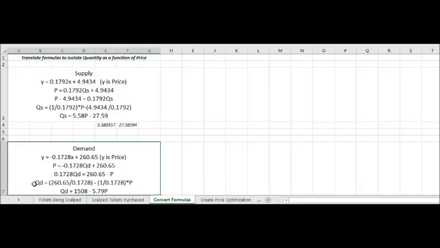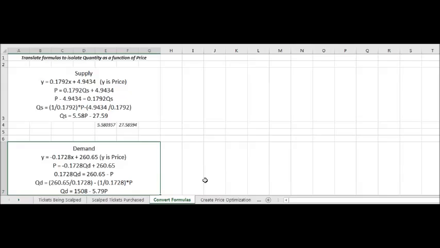Anyway, then that makes quantity demanded isolated by taking this factor and dividing it into the other two pieces. And then ultimately we end up with a quantity demand formula where P is embedded in the formula and quantity demanded is by itself.